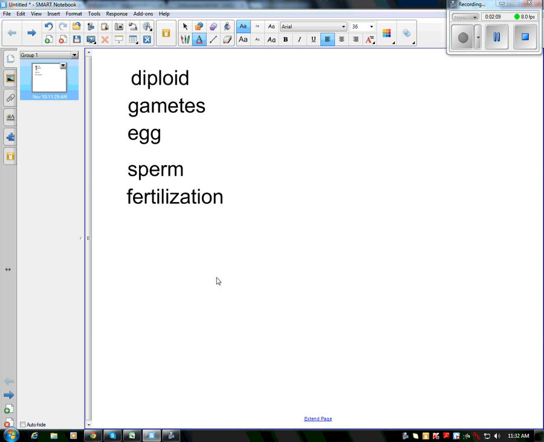Everybody in this room started out as one cell, and that one cell happened after an egg got met by a sperm. Okay? Questions? So fertilization is basically when a sperm and egg meet and they become a viable embryo, or one cell.